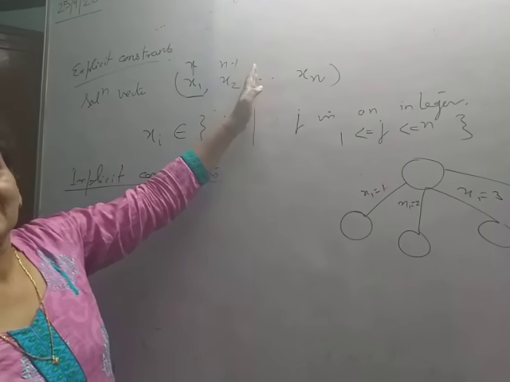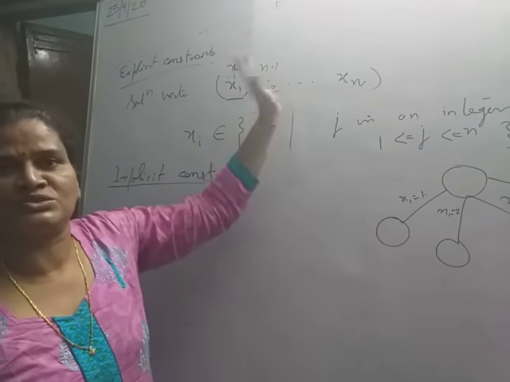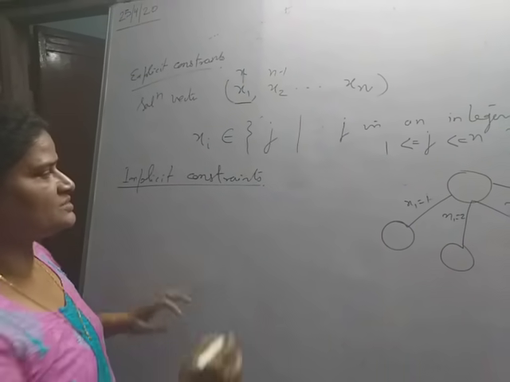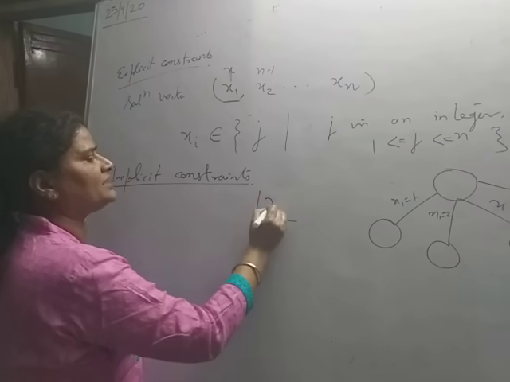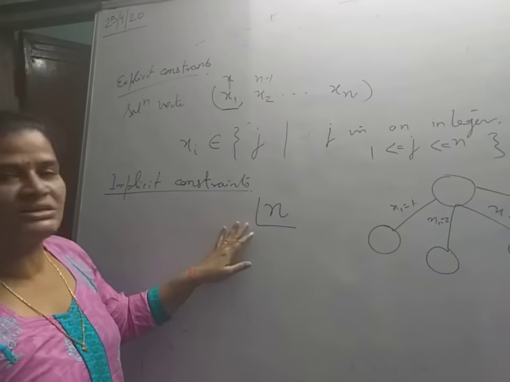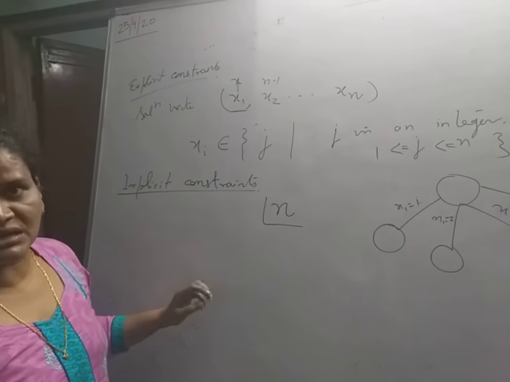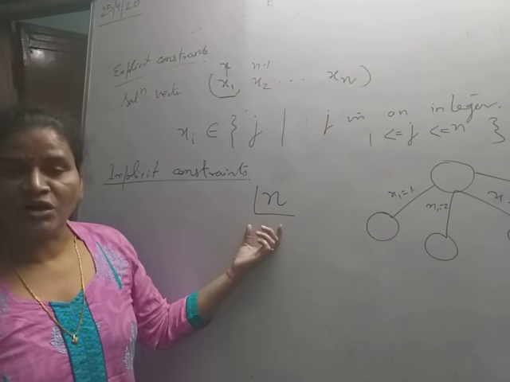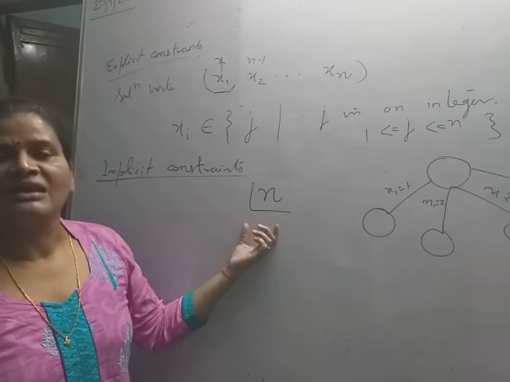Then x3 has n minus 2, and so on. So the size of the solution space is factorial n, all possible permutations of n vertices.